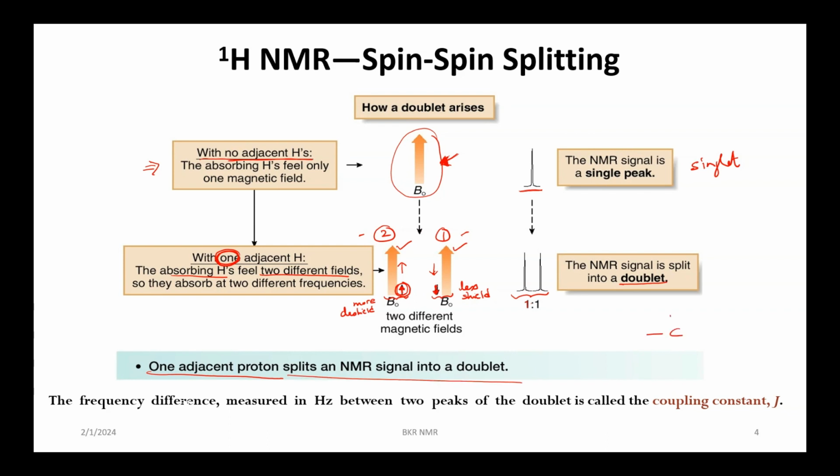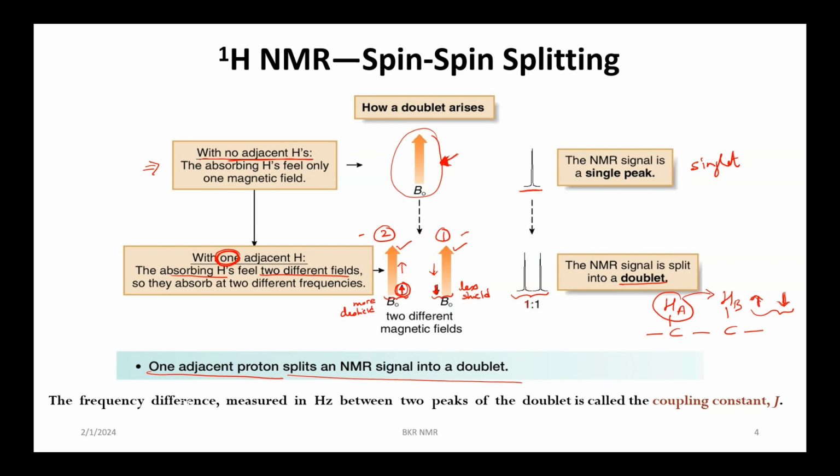If I have an Ha proton and an Hb proton, the A proton looks at the Hb proton. The Hb proton can either oppose the external field or align with the external field. So the A proton sees two spin polarizations of B. The spin can be polarized down, that is, opposing the external field, or polarized up, aligning with the external field.